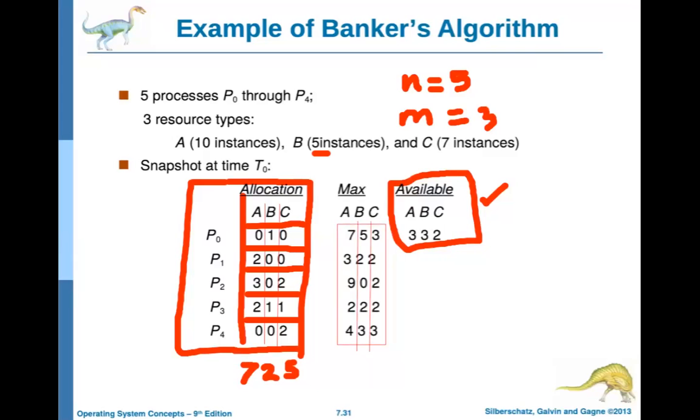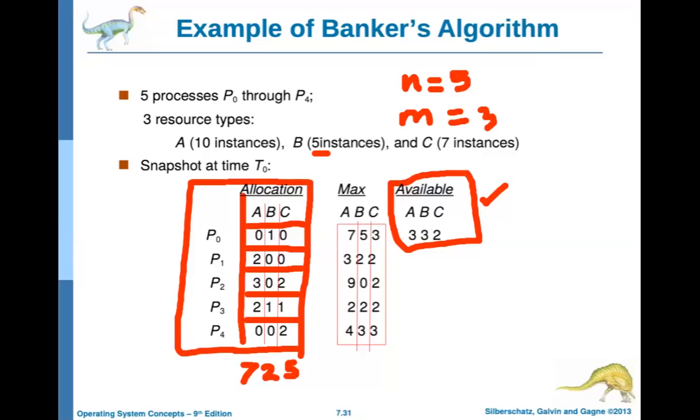Now how to read this is again important. So the first row is related with P0. So process P0 needs a maximum of 7 instances of A, 5 instances of B, and 3 instances of C. Getting it, no?